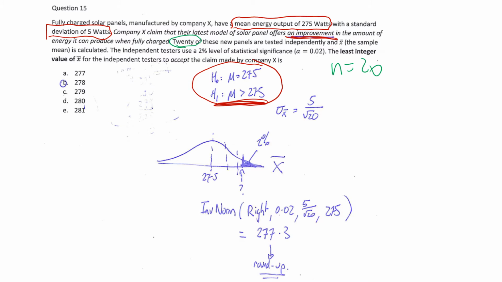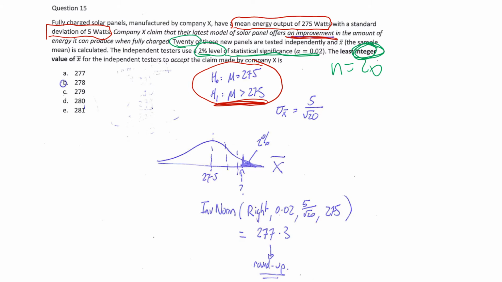Now, their alpha, their level of statistical significance, is not the usual 5%, it's only 2%. All right, so what would be the least value of X bar for the independent testers to accept the claim made by company X? Now, the least integer value.